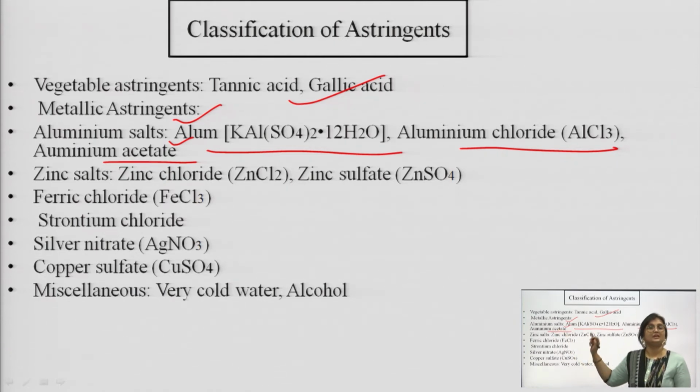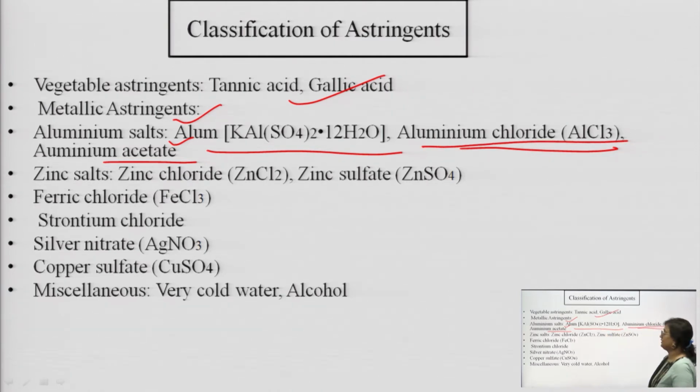First example, aluminium salt. Aluminium salt occurs in the form of alum. It also occurs in the form of aluminium chloride and aluminium acetate. Apart from this, chemical or metallic astringents are available as zinc salts, for example, zinc chloride and zinc sulphate.